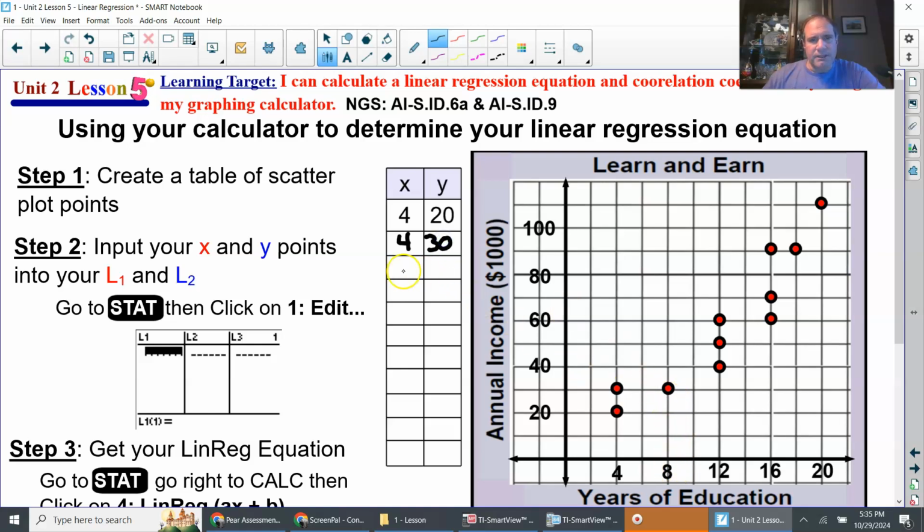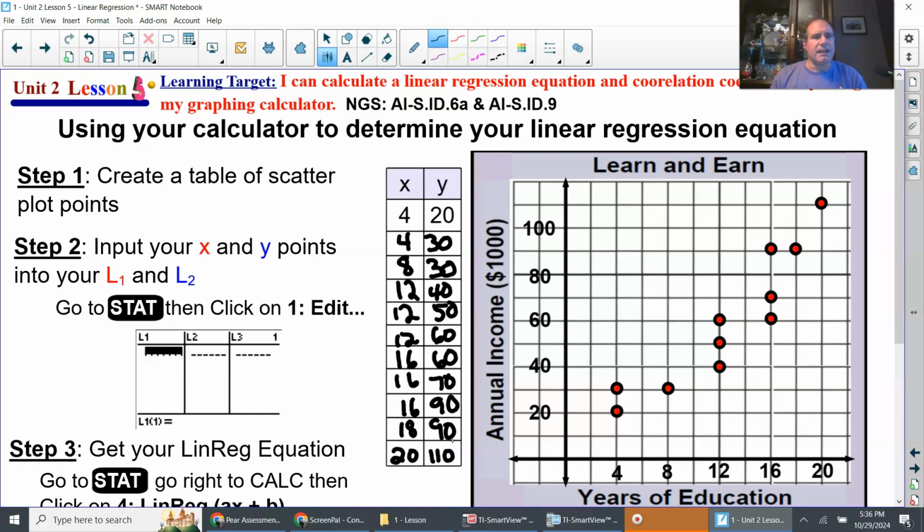And then 8, 30. 12, 40. 12, 50. 12, 60. 16, 60. 16, 70, and then a 16 again, all the way up right here is 90. Then we have 18, 90, and the last one is 21, 10.